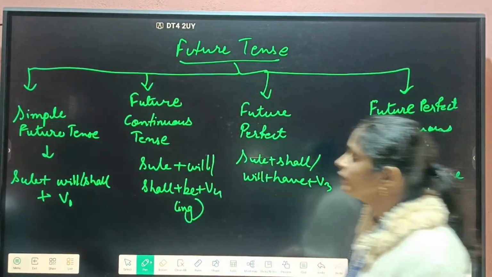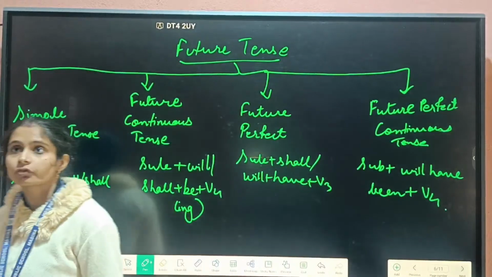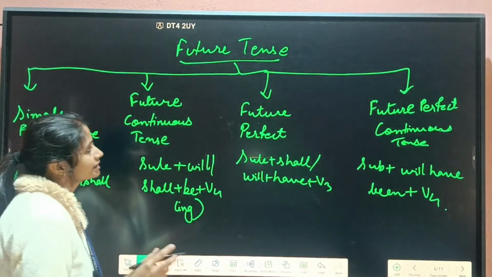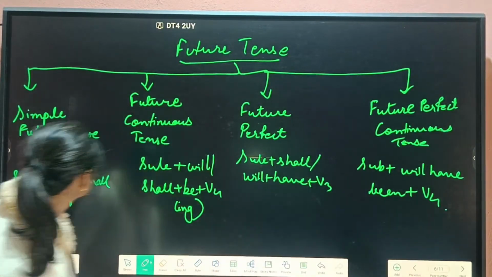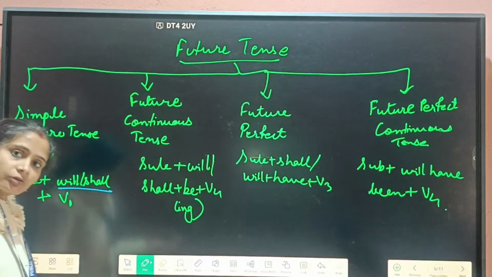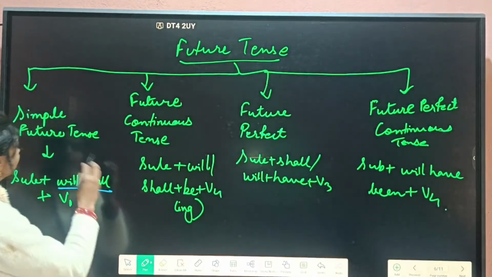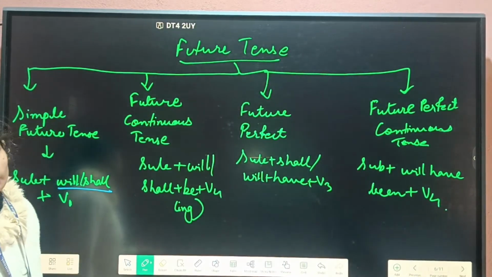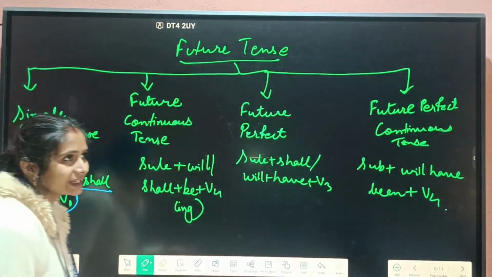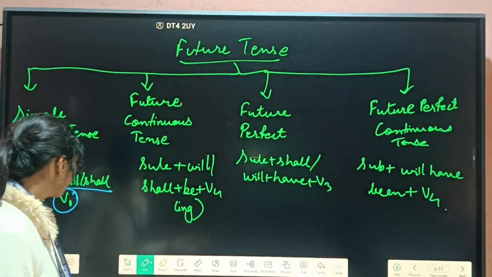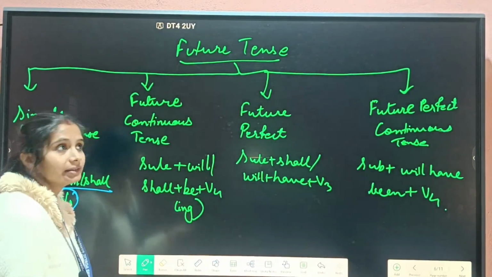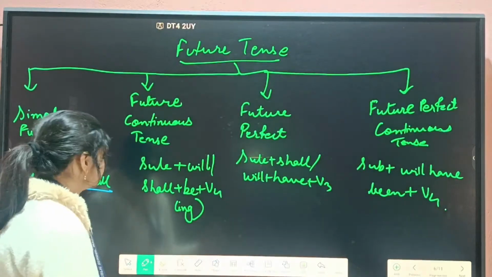Future tense also has 4 types: simple future tense, future continuous tense, future perfect, and future perfect continuous. Here we have seen subject plus will, shall plus verb first form. It is common that in simple tenses, whether simple past or simple future, normally we use verb first form only. The only exception is in past, where we use verb second form. But if we are using did, then also we use verb first form.